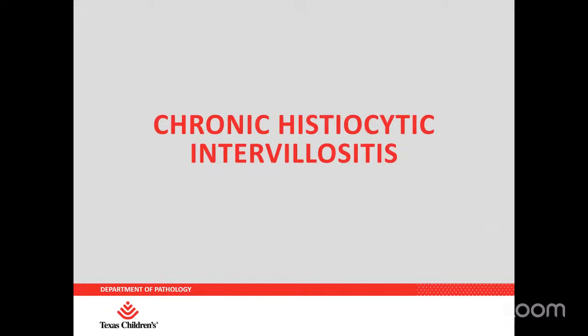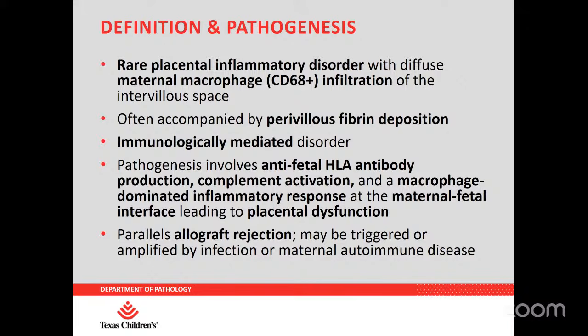So looking at CHI itself more closely, it's an uncommon but clinically significant placental lesion defined by dense infiltration of maternal macrophages within the intervillous space, and often accompanied by perivillous fibrin deposition. It's best understood as an immune-mediated disorder, a form of maternal anti-fetal or alloimmune rejection rather than infectious.